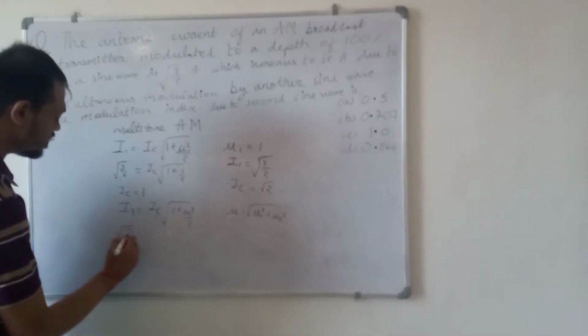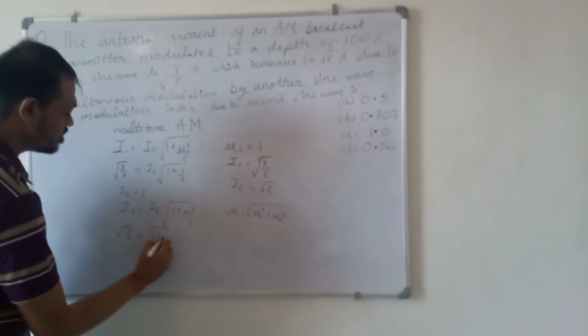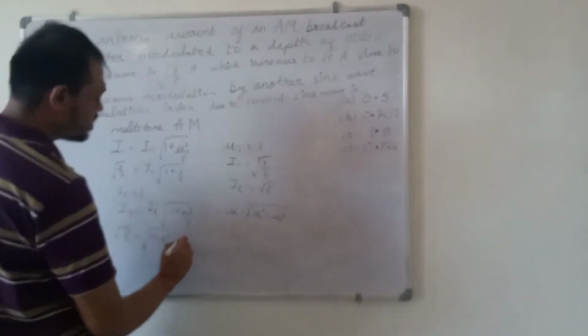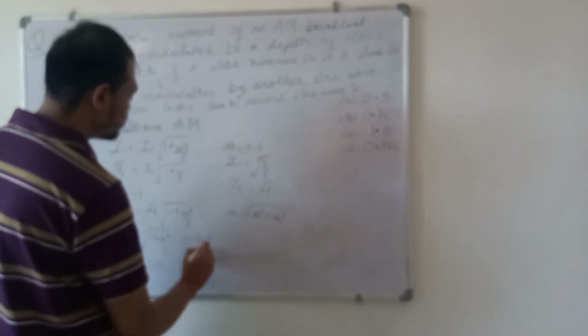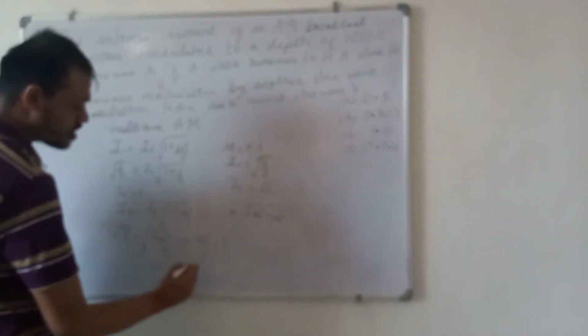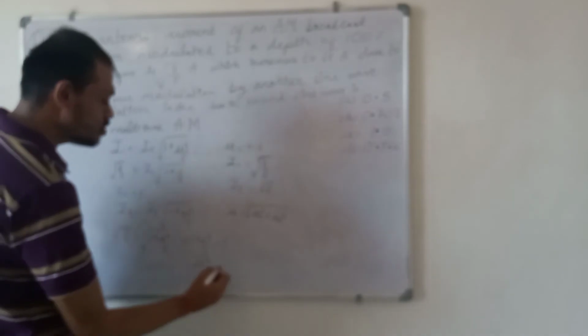So root 2 is equal to the square root of 1 plus mu square by 2. So 1 plus mu square by 2 is equal to 2. So mu square is equal to 2.